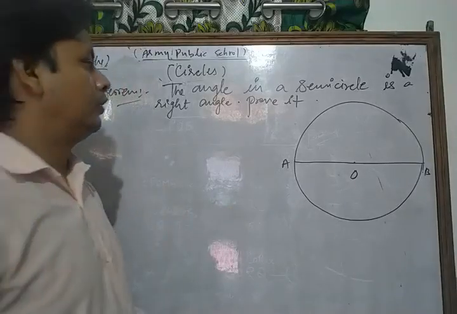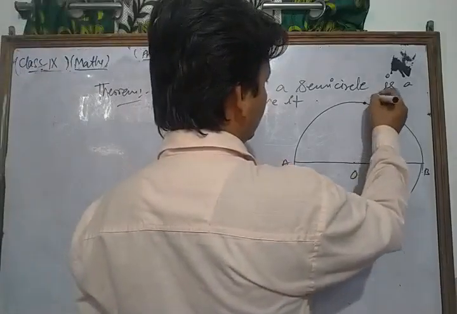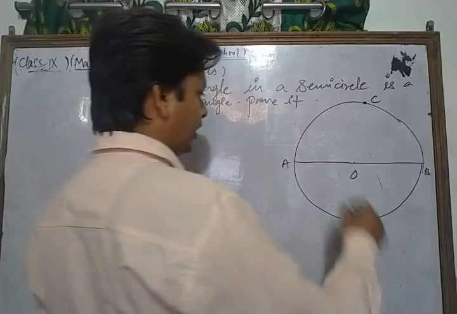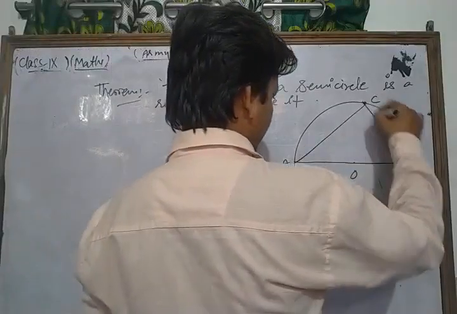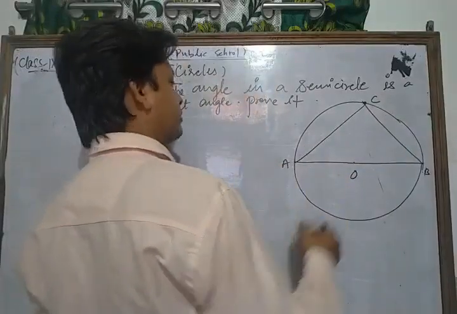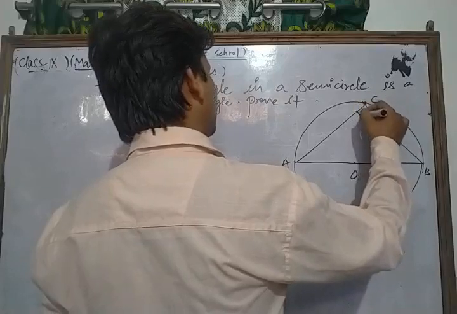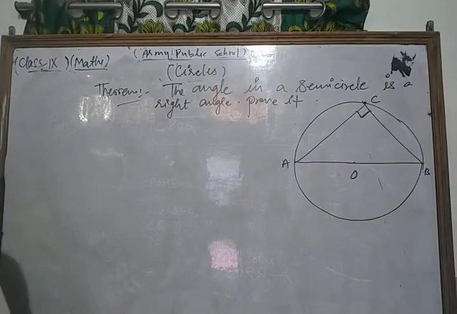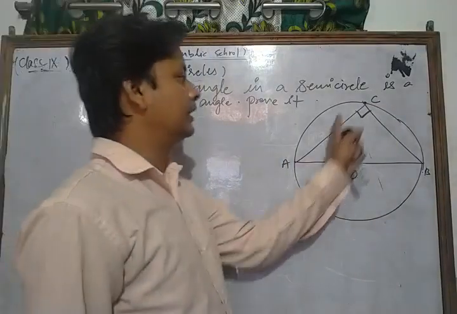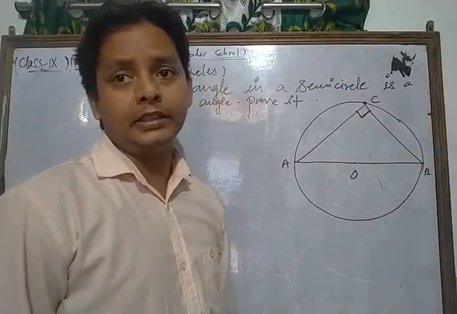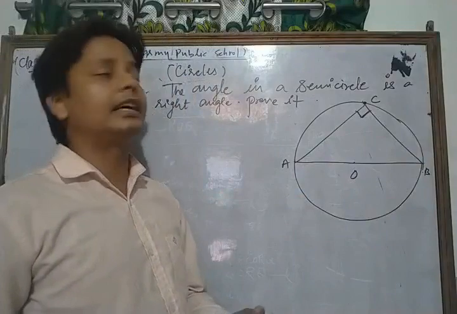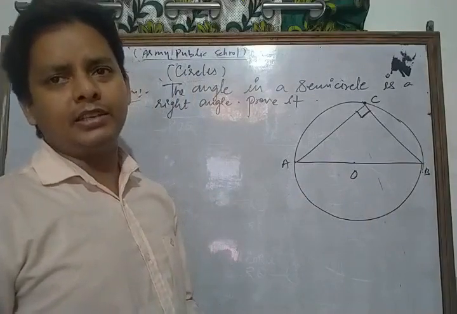Now let us take C any point on the semicircle ACB, and we join AC and BC. Now we have to show that angle ACB is 90 degrees, because the angle in a semicircle is a right angle. Right angle means 90 degrees.